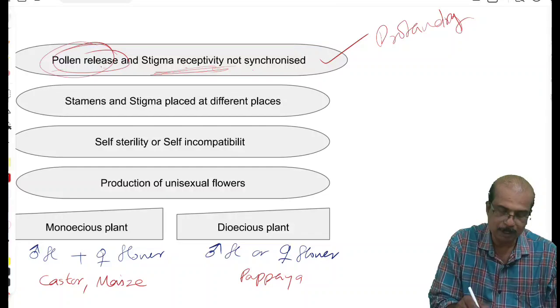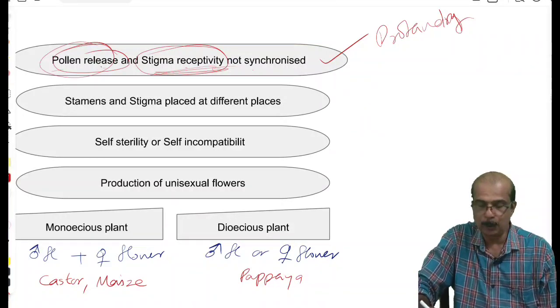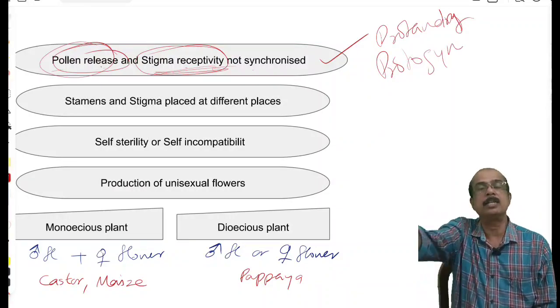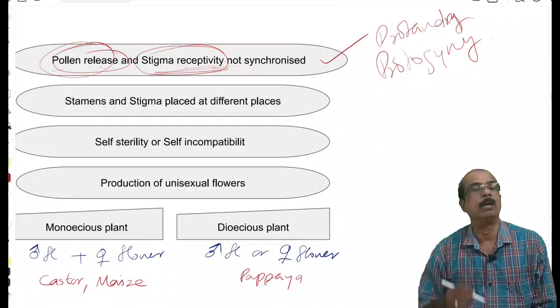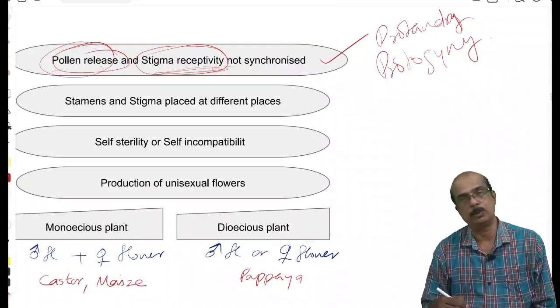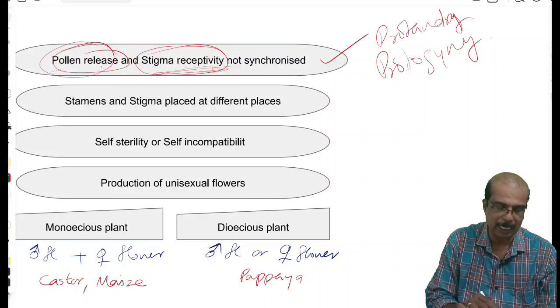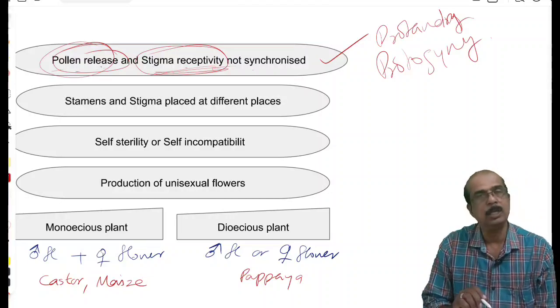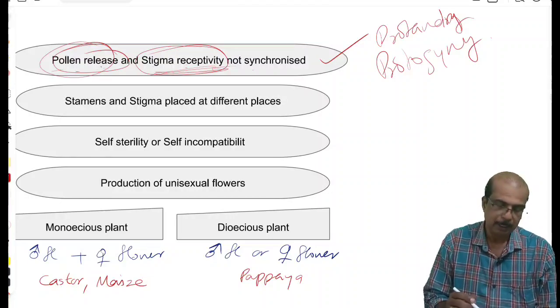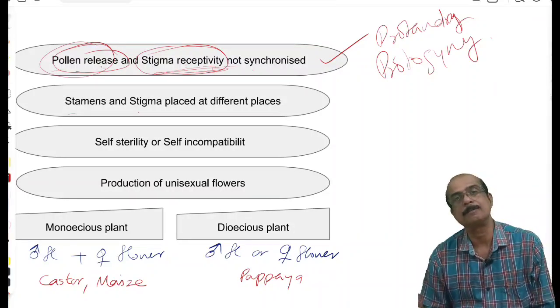Then in some flowers, stigma receptivity comes first, protogyny. The stigma matures first and it receives pollen grains from other flowers. After that, the pollens are matured. So, the differential maturity of stigma and pollen promotes cross-pollination. Then, stamens and stigma are placed at different places.